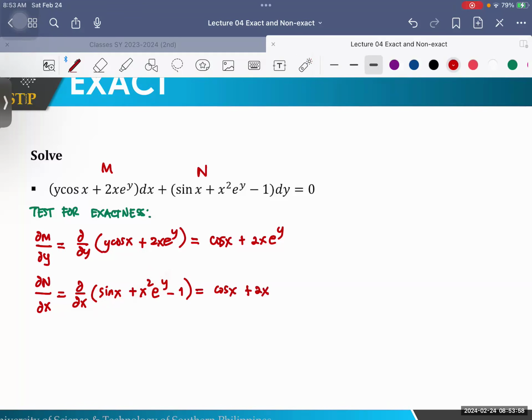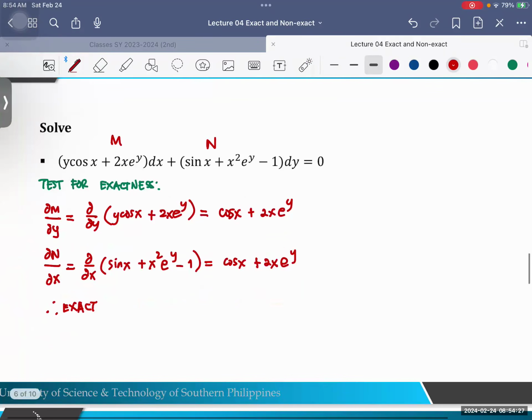Then, your e to the y is a constant, so copy it, class. e to the y. Minus 1. Minus 1 becomes minus 0. Okay, constant, so it becomes 0. So we see, class, that they are equal. So, the conclusion is exact. Okay, if it is exact, what we will do is, let me move this first.